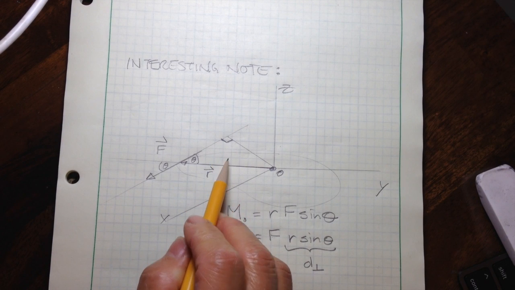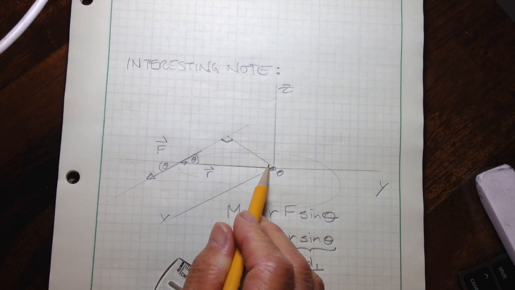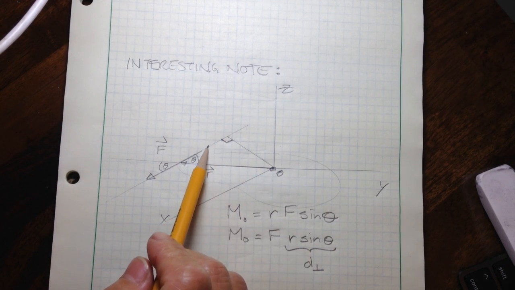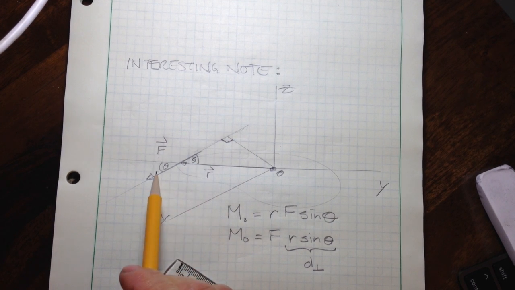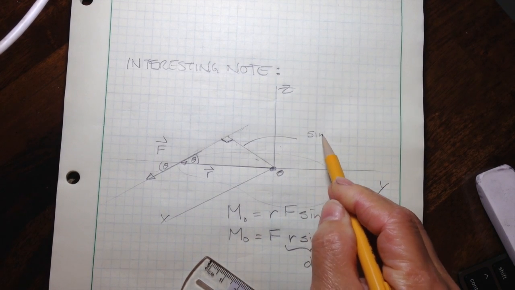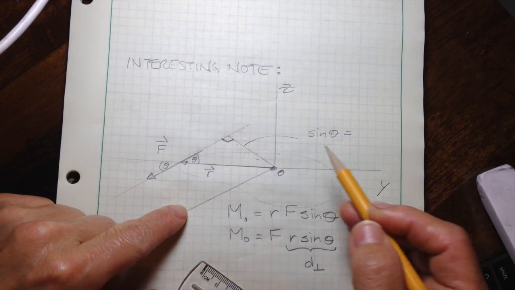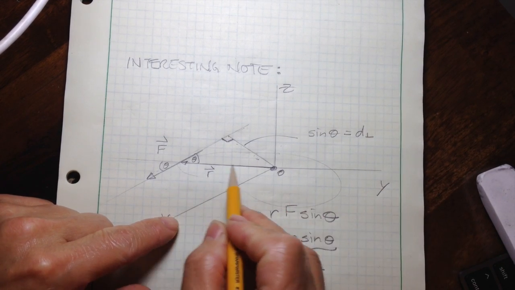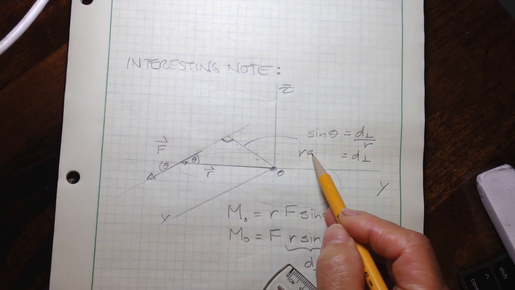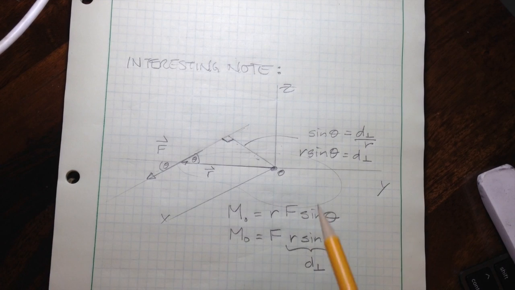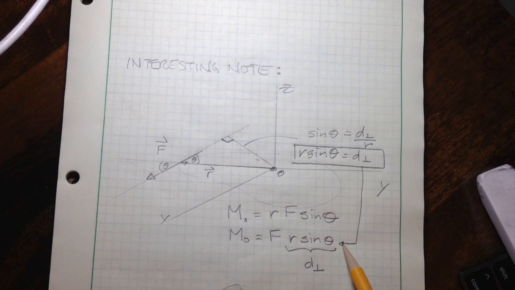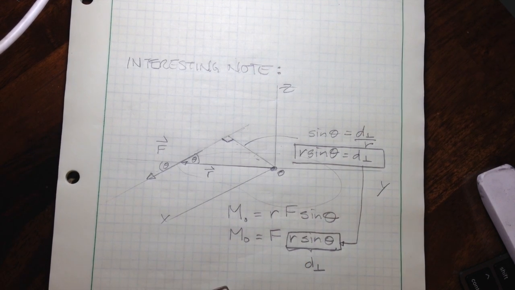So if I were to determine this length, which is a perpendicular distance from point O to a point on the line of action of force F, this would be given by sine of theta equals the opposite over the hypotenuse. So D perpendicular is r sine theta. Isn't that interesting?